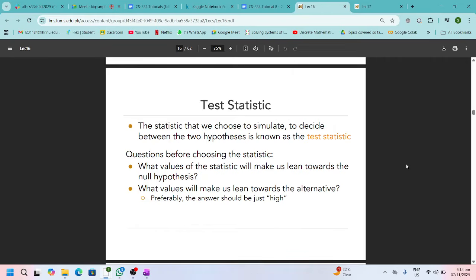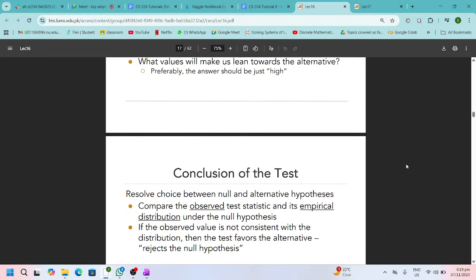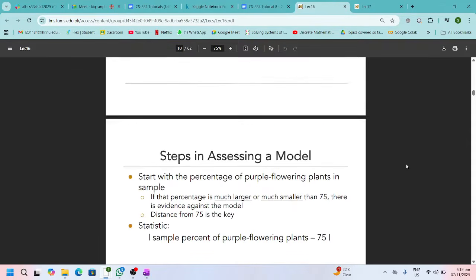What you have to be careful about when choosing this statistic is that you need to know what values of the statistic will make you lean towards the null hypothesis and what values will make you lean towards the alternative. We haven't covered A/B testing yet, so I am going to put a pin in that.